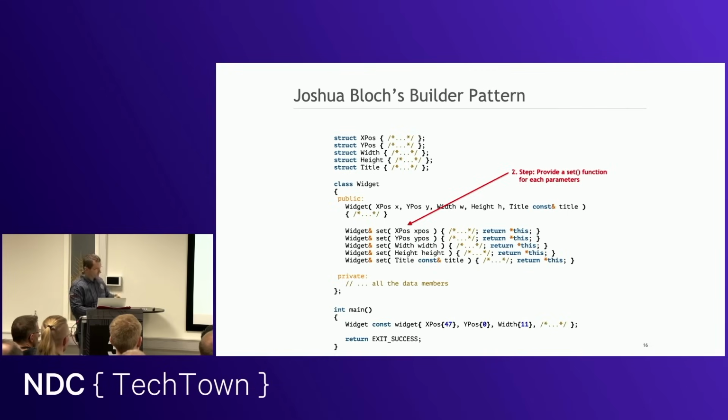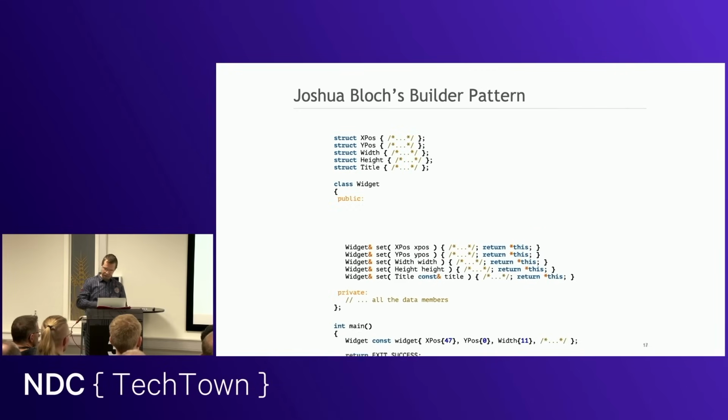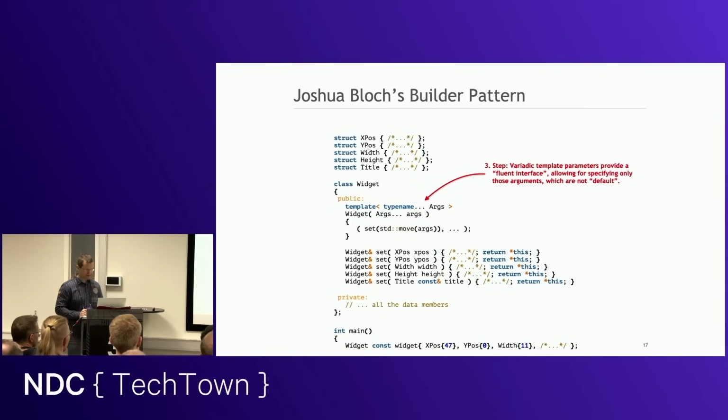The constructor is now replaced with a very generic constructor that takes just arguments, variadic template parameters. These arguments are all moved or forwarded, whatever, into the set function. And today we can very easily and conveniently do this by means of fold expressions. Very nice. All of these arguments are given to set, which of course, because of the strong types, calls the right set function.